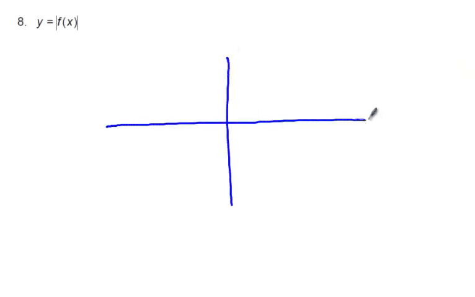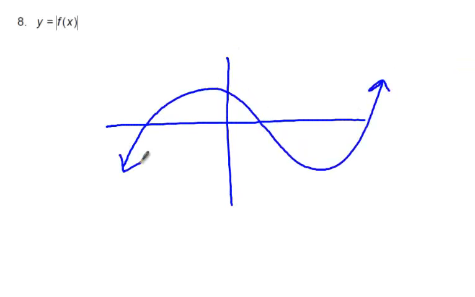Now the other one is doing the absolute value of f of x. Okay. That particular function, we'll draw an example for this one. Like if you have a graph that does like so. What it said is you take quadrants 3 and 4, that's here, as well as here, and you reflect it across the x-axis.